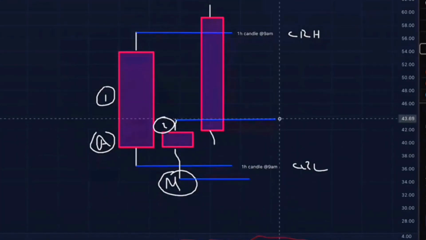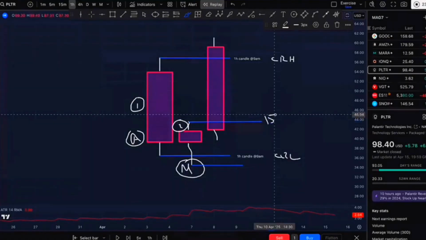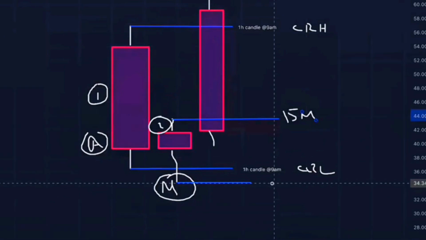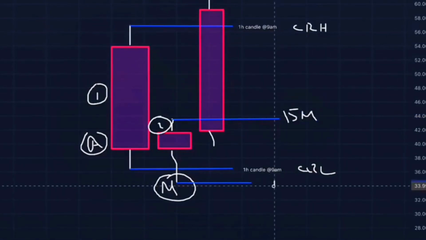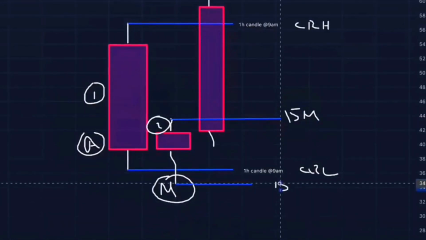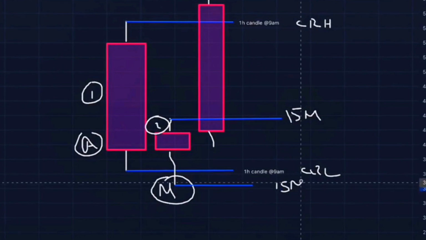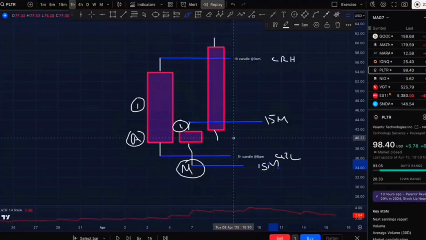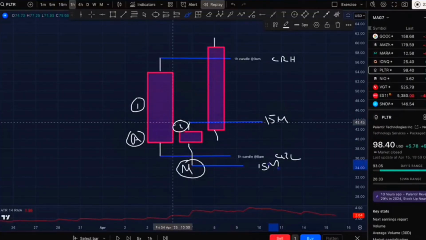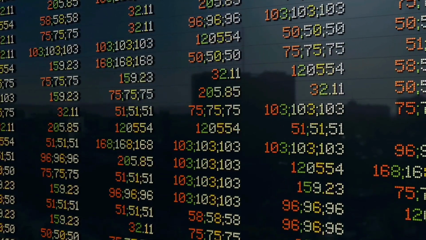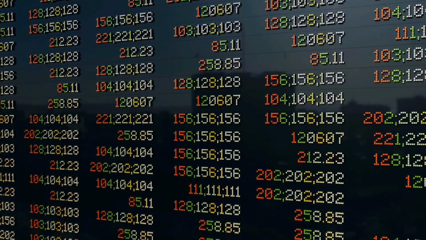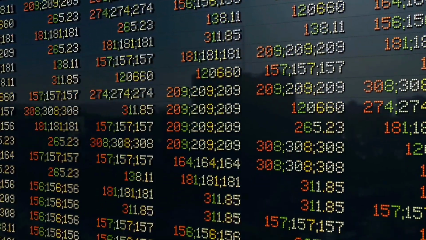Let me write here 15 minutes. This is gonna be the 15 minute, and this is gonna be the 15 minute. Okay, so now after we do that, we can move to the 5-minute time frame for our entry. This is the process that we have to follow.